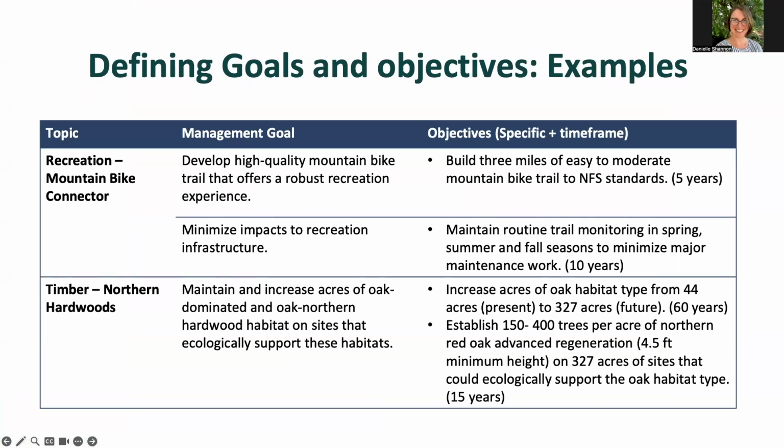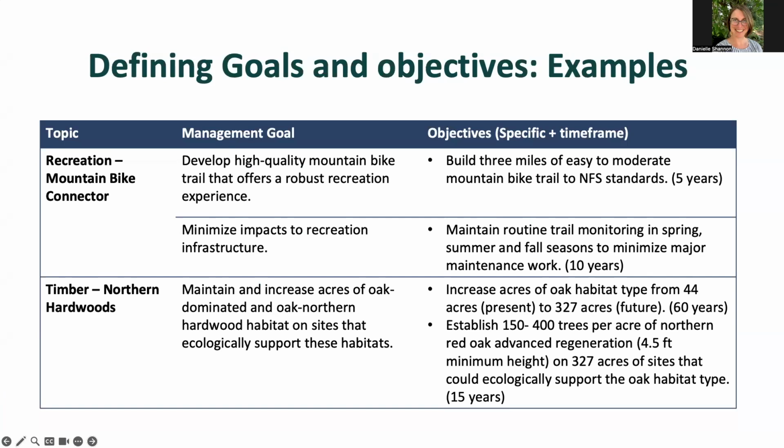Let's look at some examples of SMART objectives and goals that they may be associated with. So in this example, goals and objectives are shown for both a recreation theme and for timber. Example for a goal within the recreation topic is to minimize impacts to recreation infrastructure.